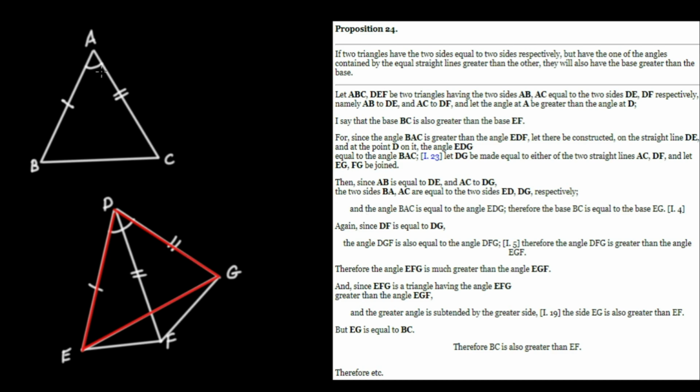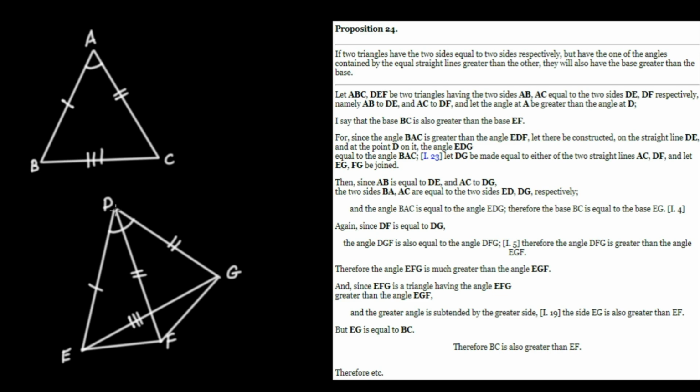And he notes that the angle in between, BAC, is equal to the angle EDG. So this angle and this angle are the same also. And from this it follows that the base BC is equal to EG. And that follows by proposition 4. Remember the equality of the bases falling from side angle side, equality of triangles.